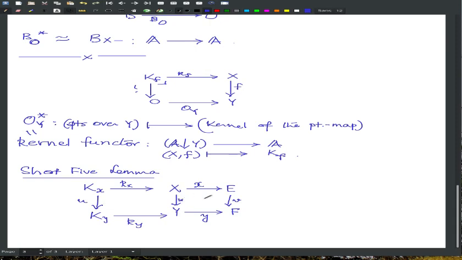Okay, so we have this commutative diagram. The short 5 lemma says u and v iso implies w is iso.